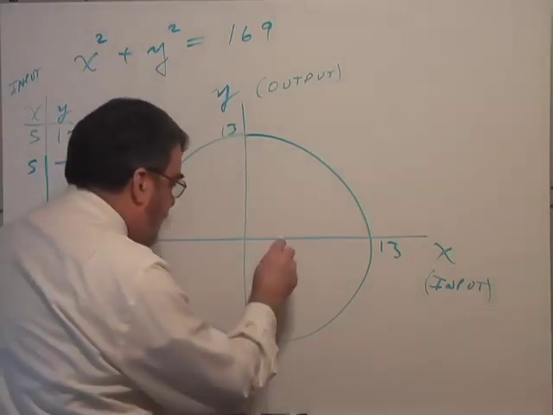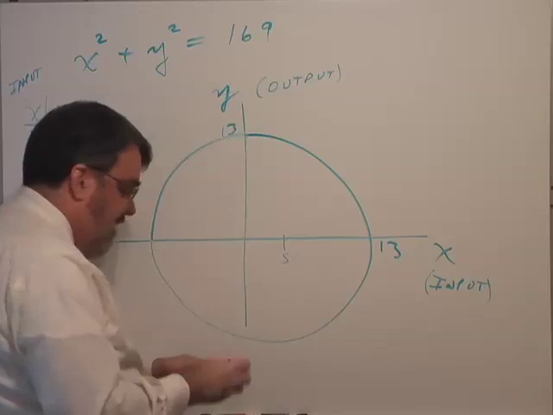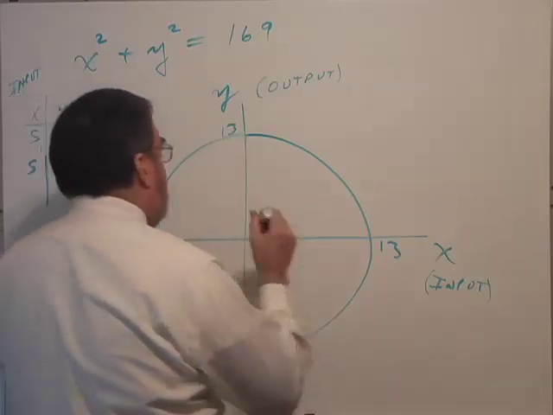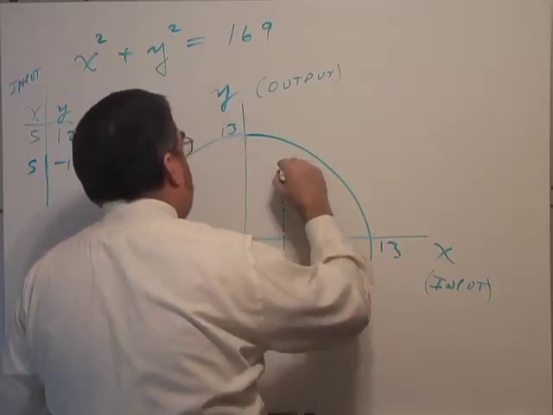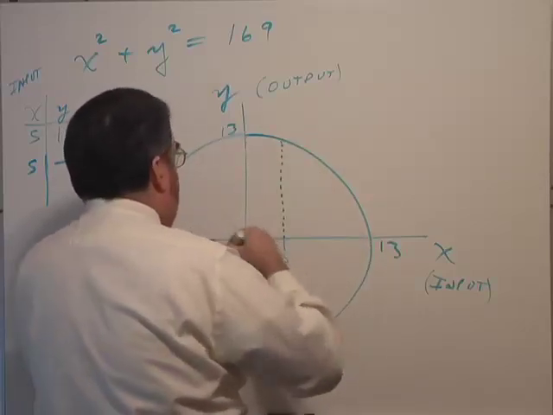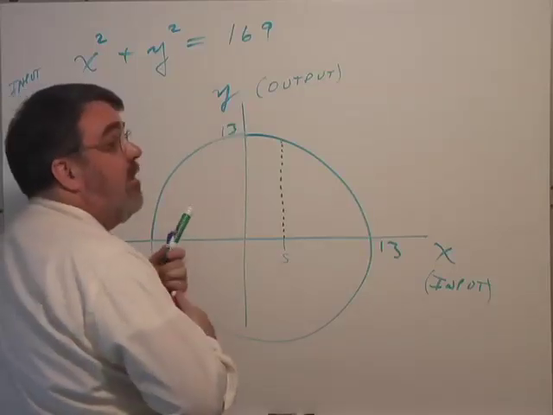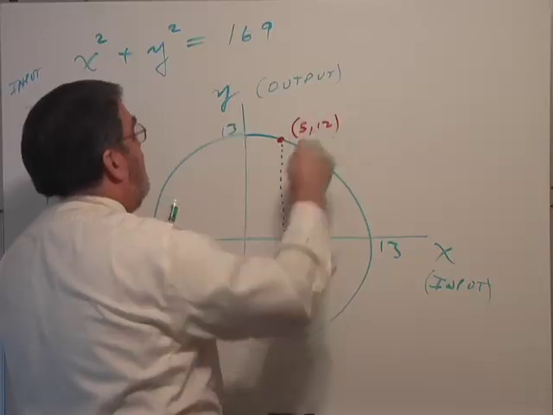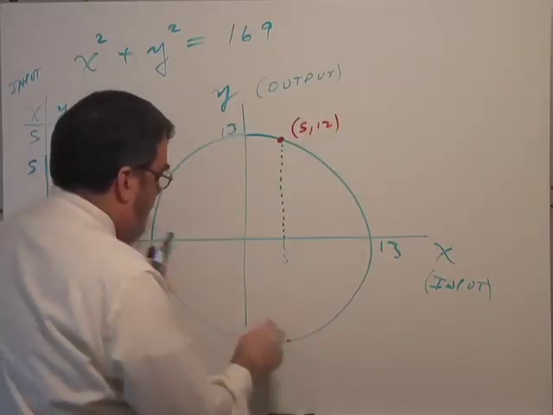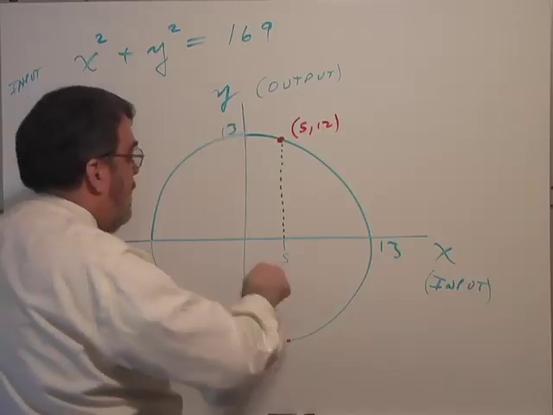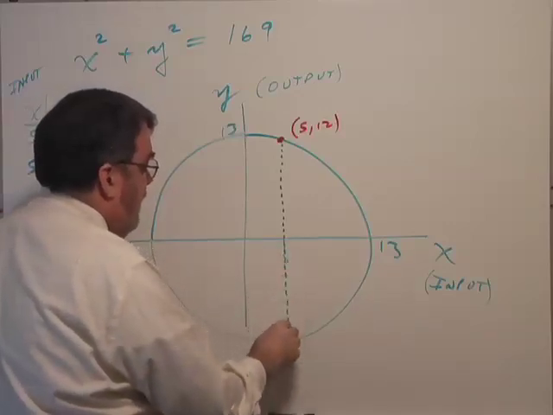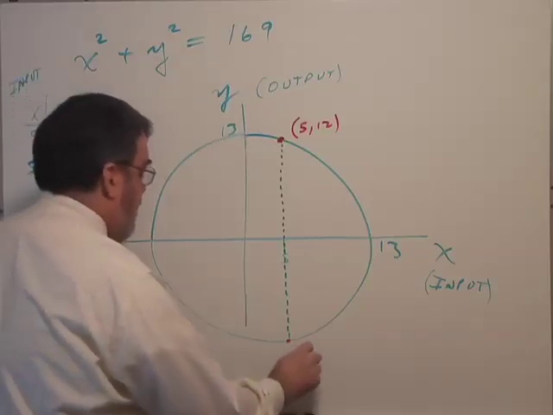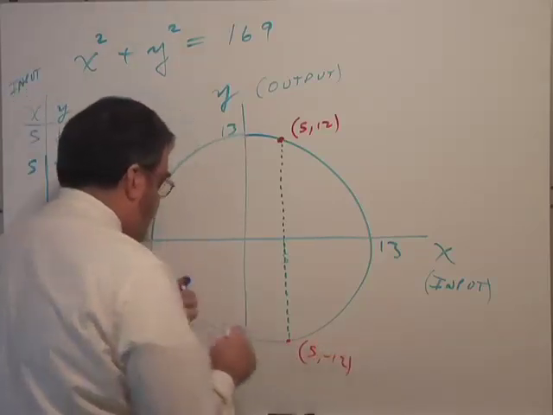If we go to 5 on the x-axis and travel upwards vertically, then we bump into a point on the circle, and that point is (5, 12). Then if we go down vertically from our input value 5, we have another point on the graph, which of course is (5, negative 12).